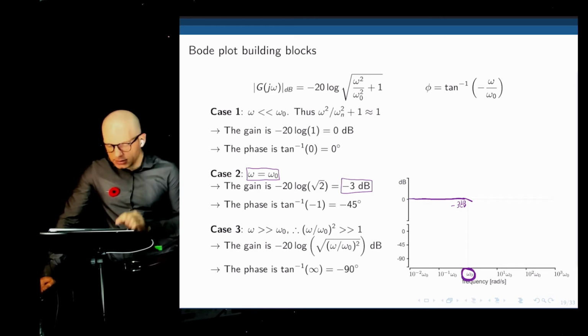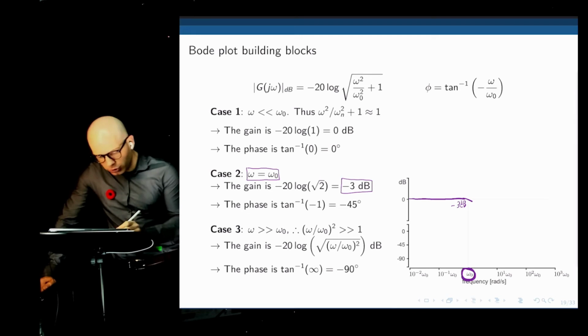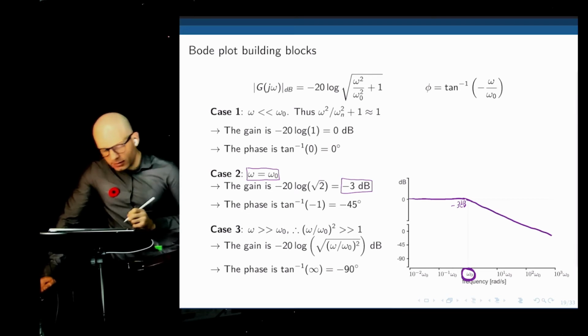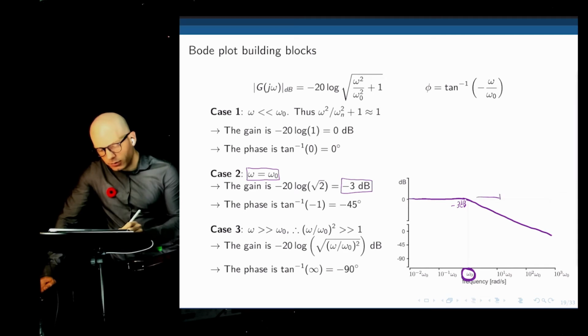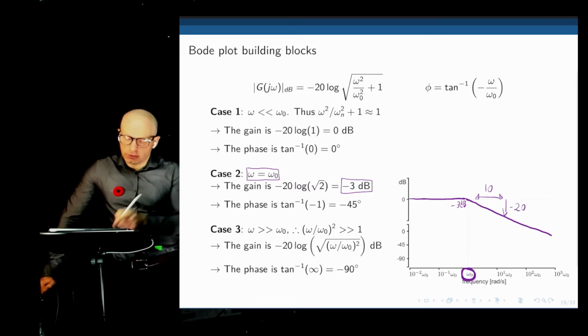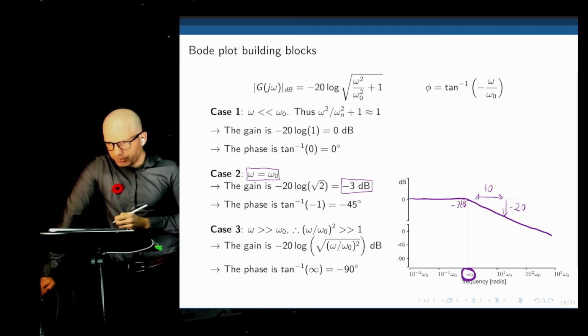So if we are at omega 0, we are at negative 3 dB. At 10 times omega 0, we should be down by negative 20. At 1,000, we should be down by negative 60, and so on. So as the frequency increases by a factor of 10, the Bode plot goes down by 20.